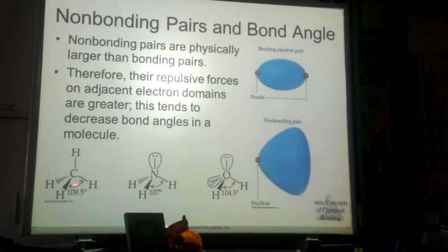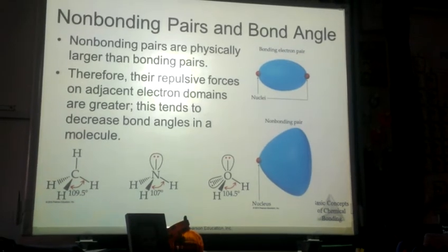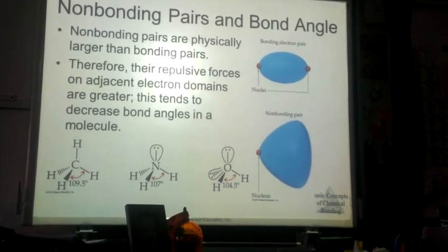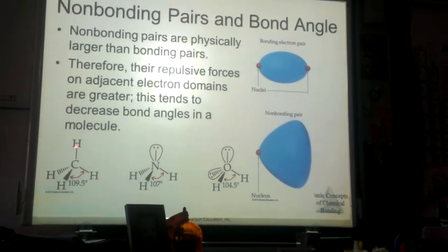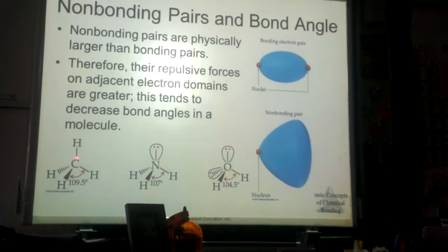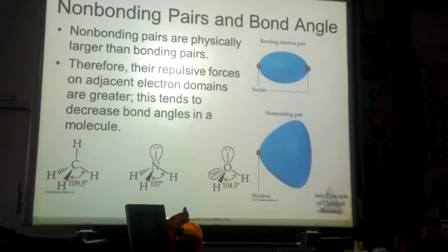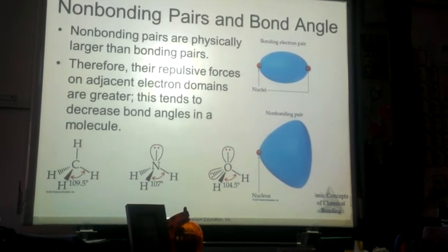Here I have 109.5 degree separation. As soon as it loses that hydrogen, I have a lone pair, and then I have three bonding pairs. For example, ammonia, NH3, will do something like that. The bond angle between the atoms is really 107 degrees. So for a trigonal pyramidal, it is not 109.5, it is 107 degrees.